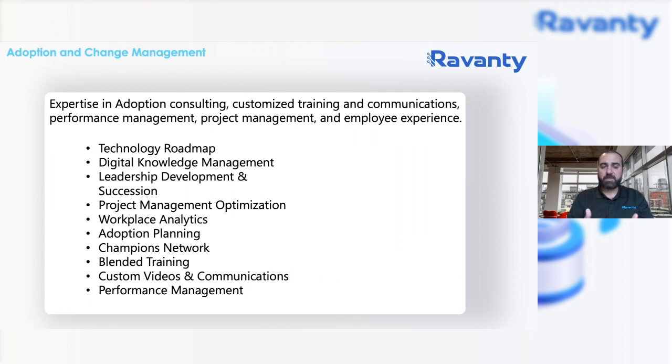We talked about My Apps portal, for example. Those changes need to be properly communicated, and the list here that you see represents different pillars of adoption and change management that can be tailored for different organizations.